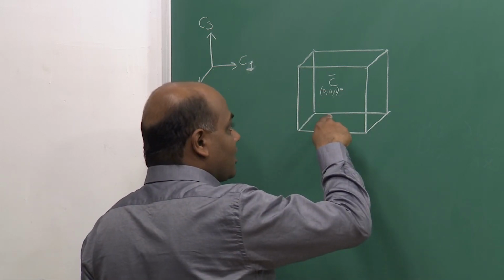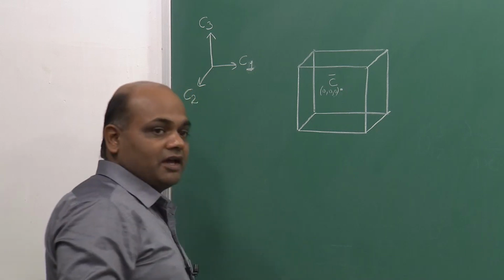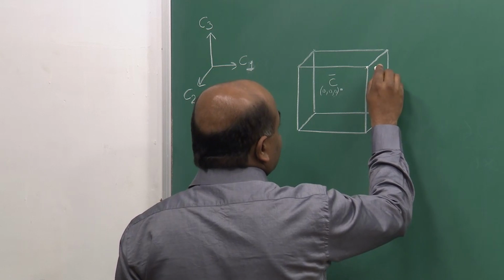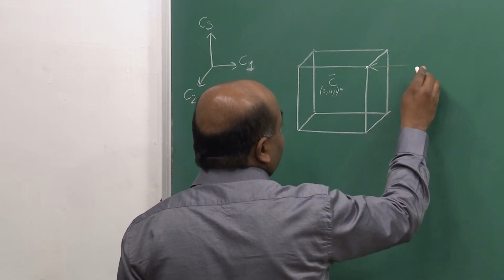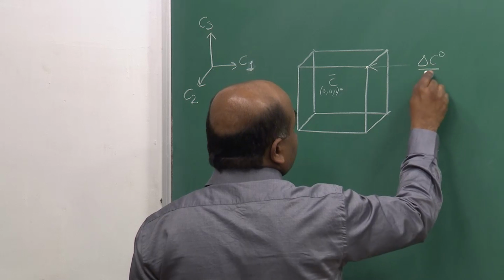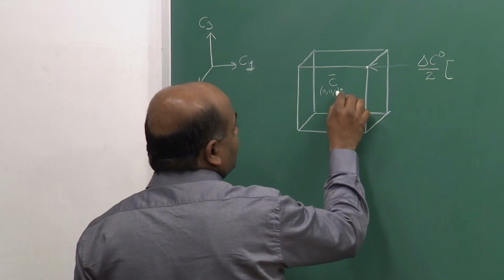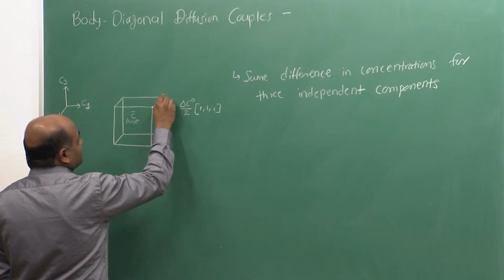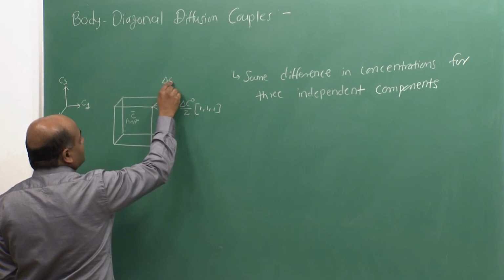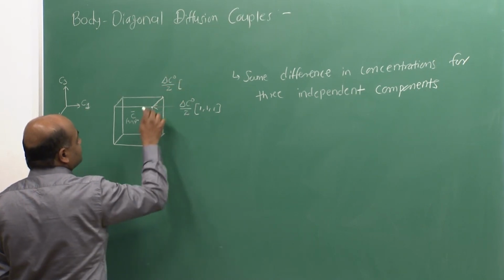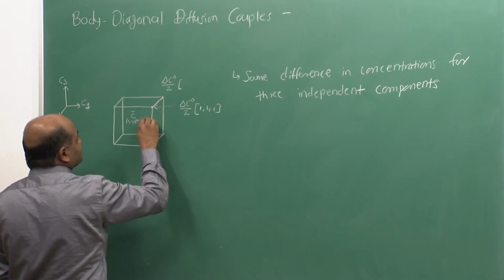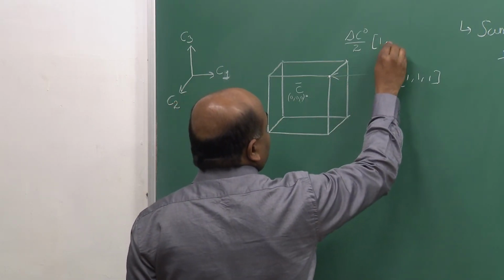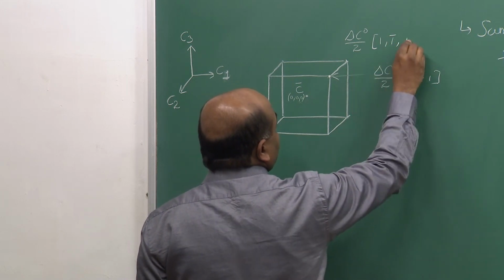That is, the terminal alloys are from the 8 corners of the cube. So, obviously this corner will be delta C0 by 2 times 1 1 1. This will be delta C0 by 2 times 1 bar 1 1.